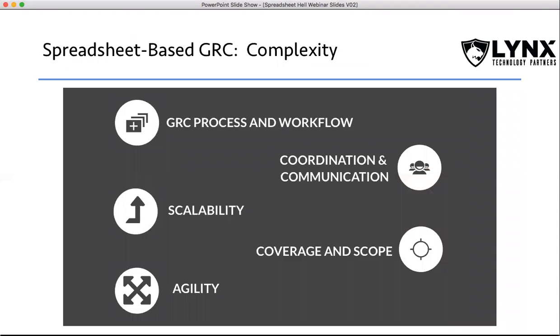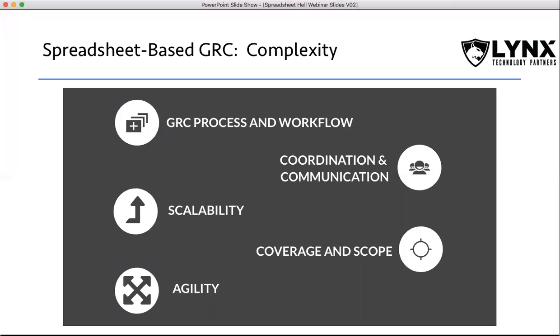First, looking at complexity. As I mentioned, GRC projects usually start out small, confined, and very straightforward, and handling that with a spreadsheet makes all the sense in the world. But as more projects come together, as more GRC efforts are centralized, and it's important to get economies of scale and a consistent approach throughout the organization, processes and workflow become much more complex in a big hurry.